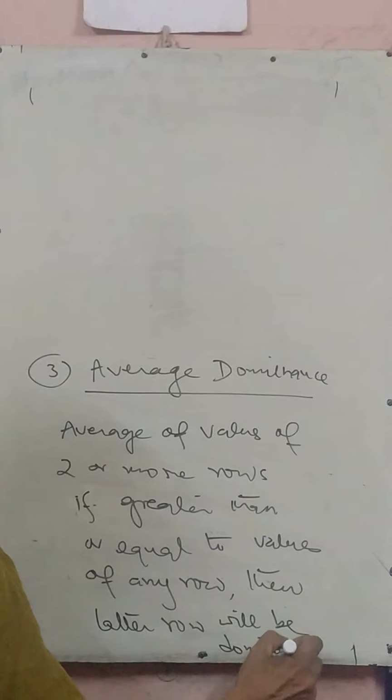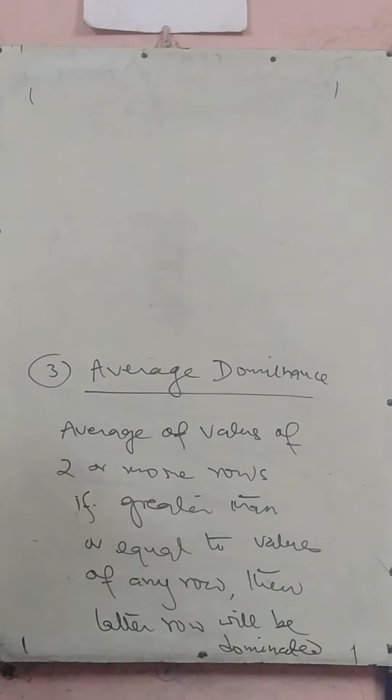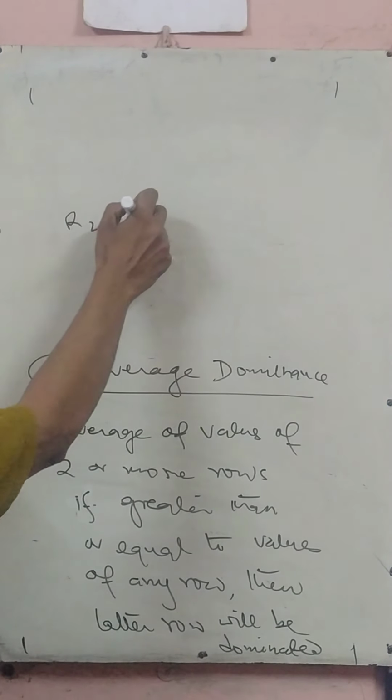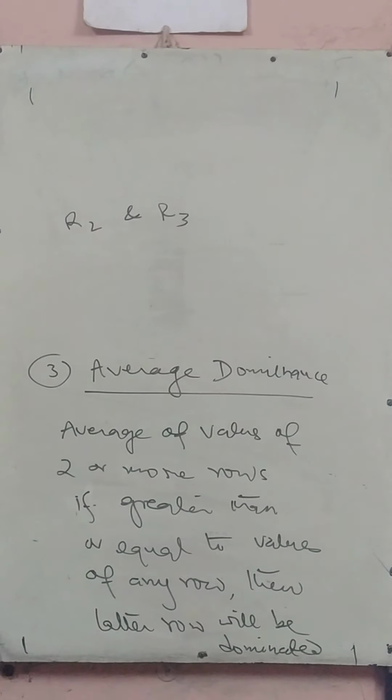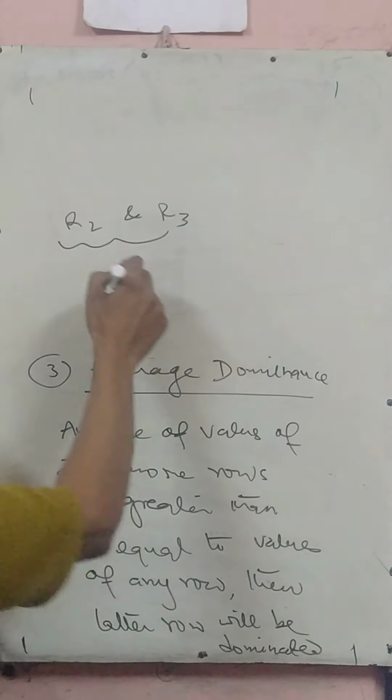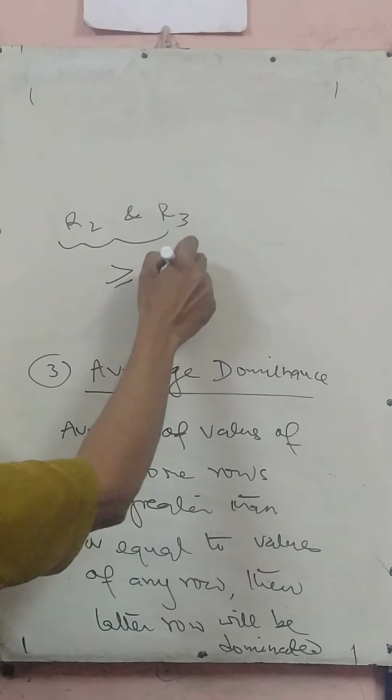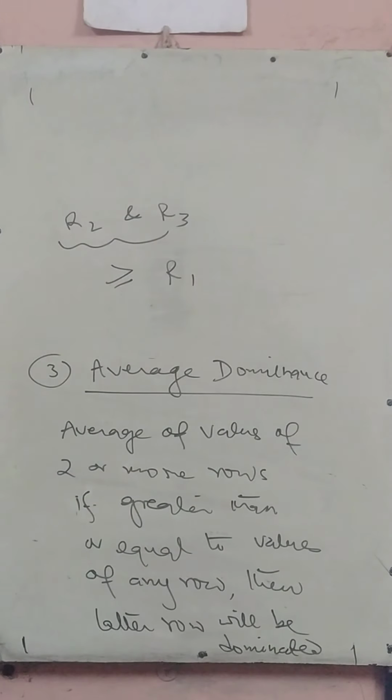What is the meaning of the word dominated? It means it will be deleted. That means if I take R2 and R3, these two rows, and find that their average is greater than or equal to the values of R1, then we will delete R1, because the combined effect of R2 and R3 is more than that of the first row.